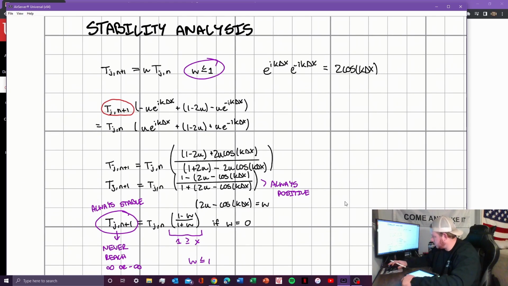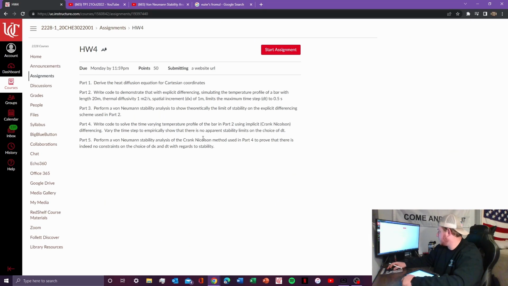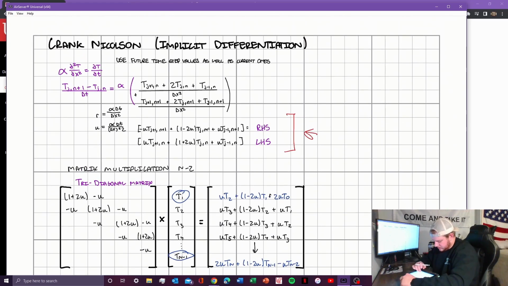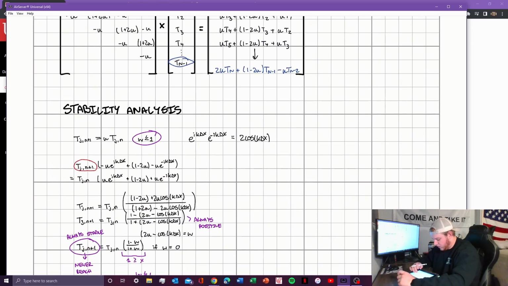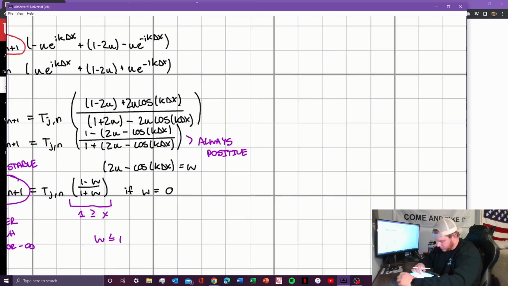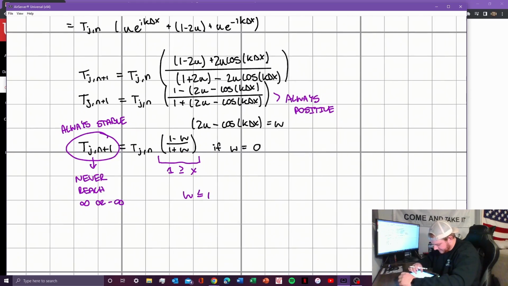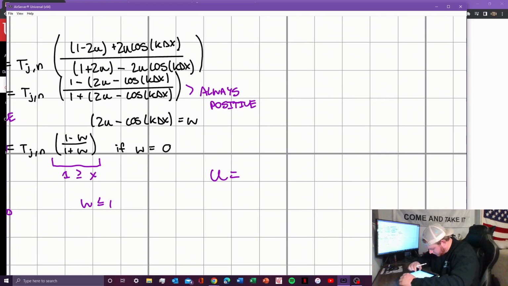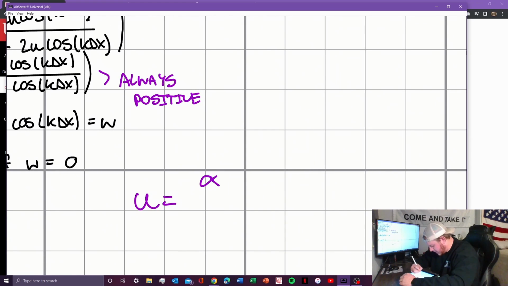Per the von Neumann stability analysis, the implicit differentiation by the Crank-Nicolson method is always stable no matter what you throw at it, no matter what dt, no matter what dx. Because if we remember, u is equal to the thermal diffusivity times the time step divided by the change in the x value squared times 2.